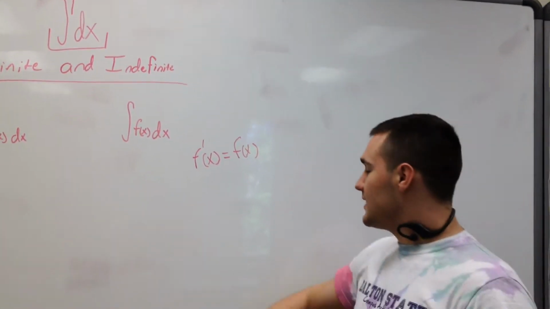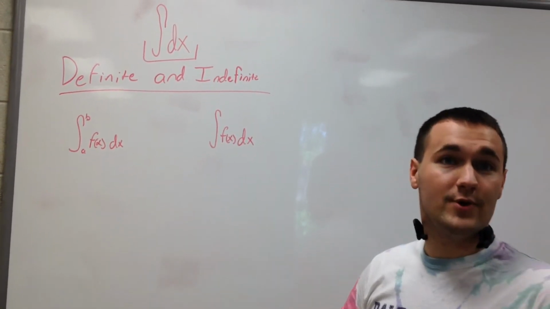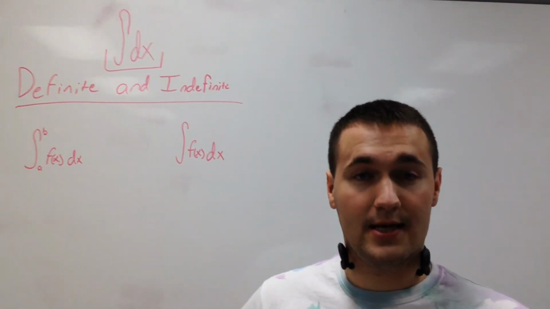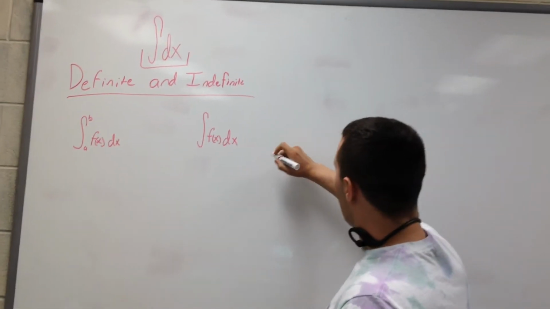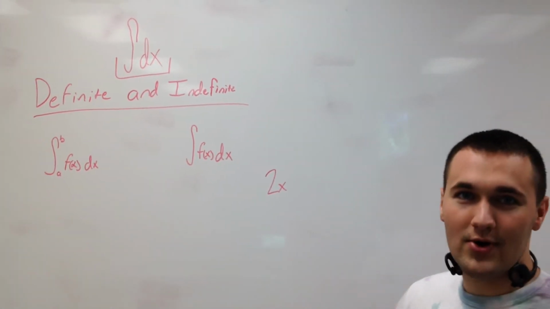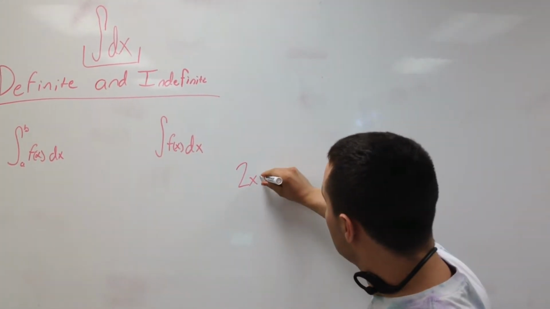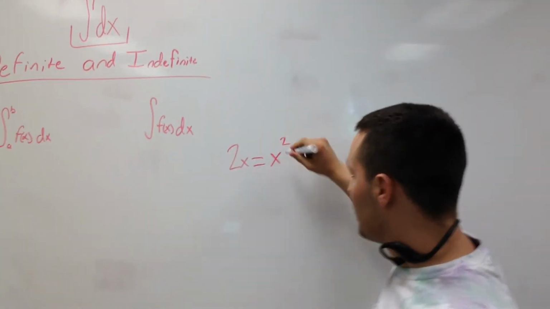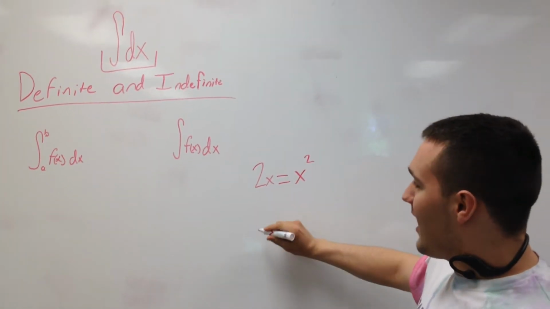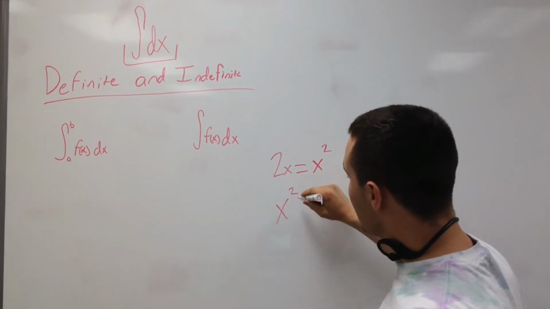When you do this, what we're trying to find is the antiderivative. When you go backwards, you get back the original function that you just had. So let's say I had 2x as my antiderivative. Well, it's a commonly known fact that if we were to go back, it would be x squared, right? So, say the antiderivative was x squared.